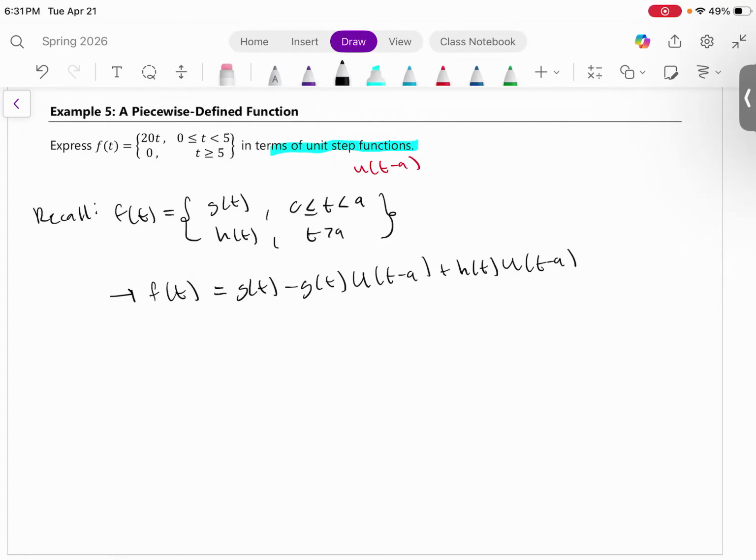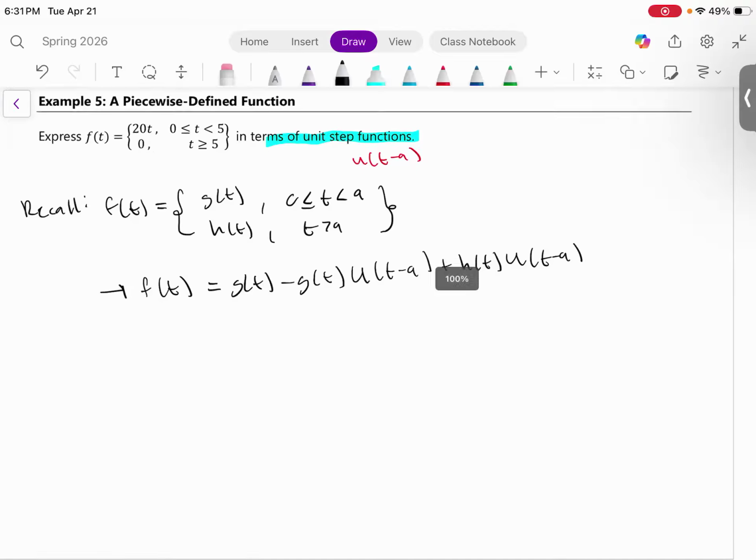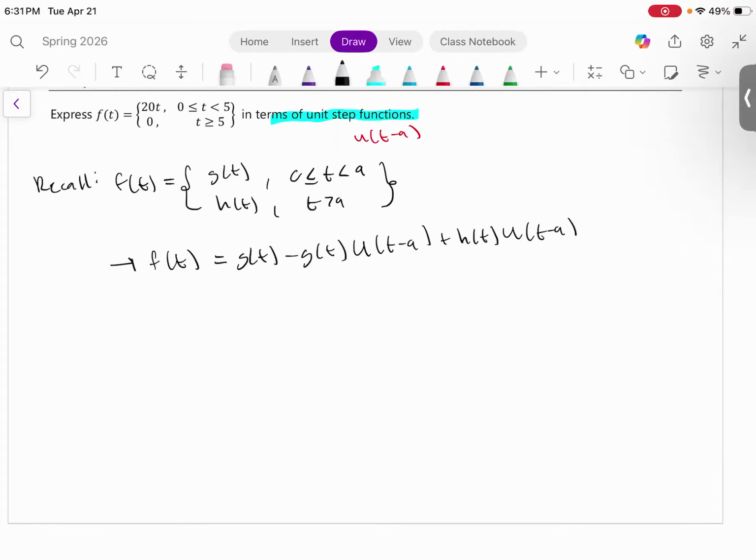Let's identify a couple things. I'm just going to rewrite it down here, maybe in a different color. We have f of t equals 20t for t between 0 and 5, and 0 for t greater than 5.